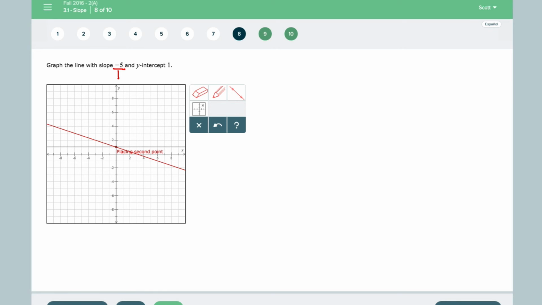Okay? So now we have that. From this point, we go down 1, 2, 3, 4, 5, and over 1. And that's where the second point goes. So negative 5 over 1. It's always rise over run.